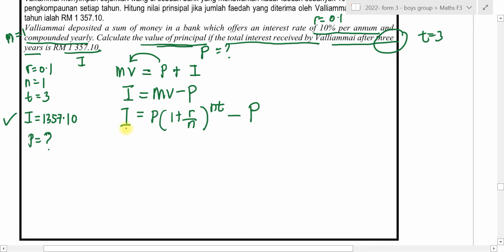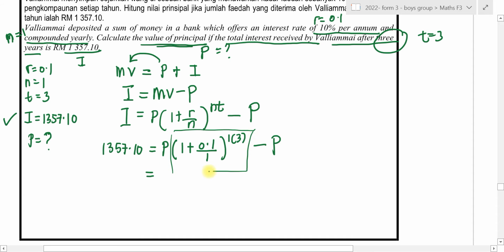I is 1357.10, equal to the principal value, which we don't know, just leave it like this, and then 1 plus R, where R is 0.1, N is 1, and then the N goes back up here, and the time is 3 years, minus the P. So this part only, try to key in your calculator and tell me the answer.